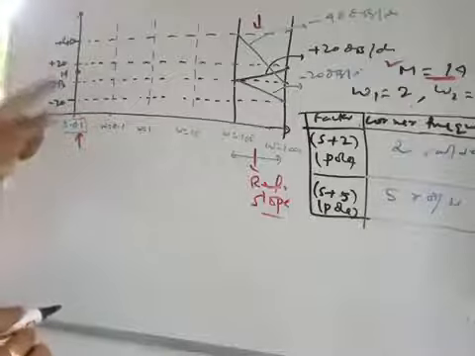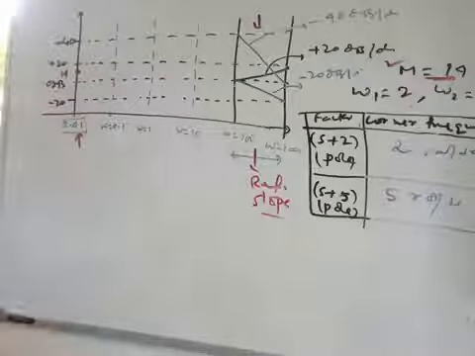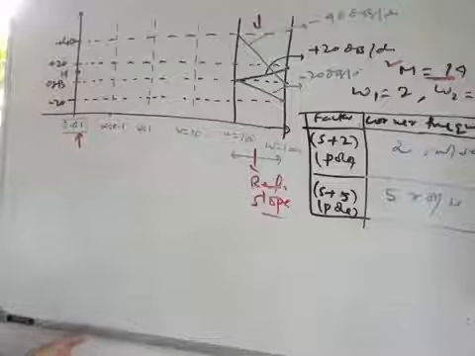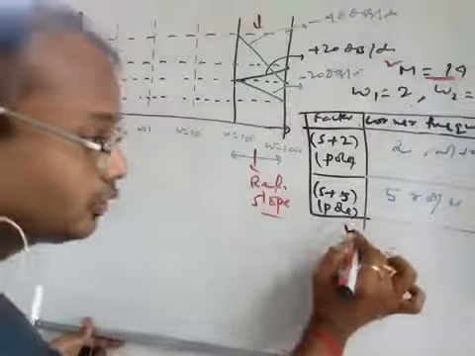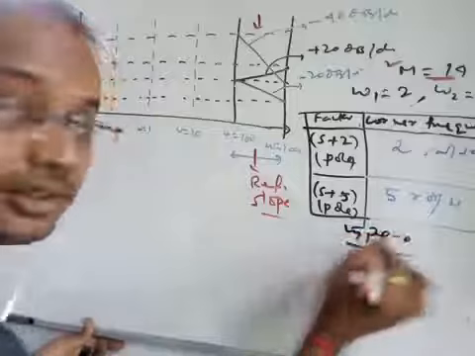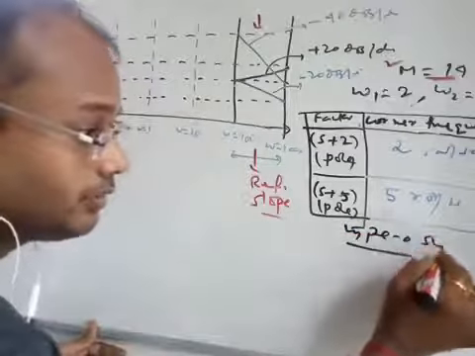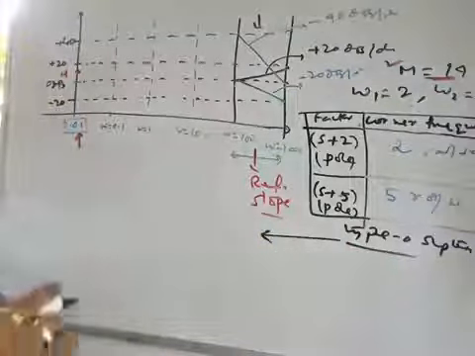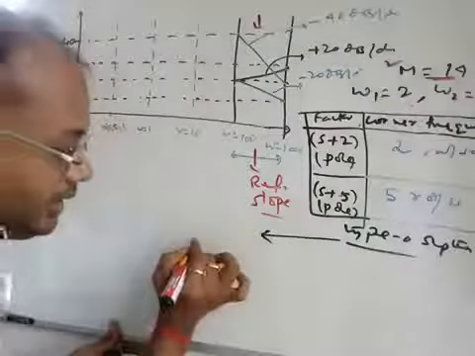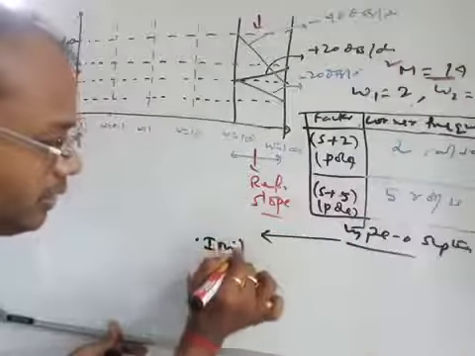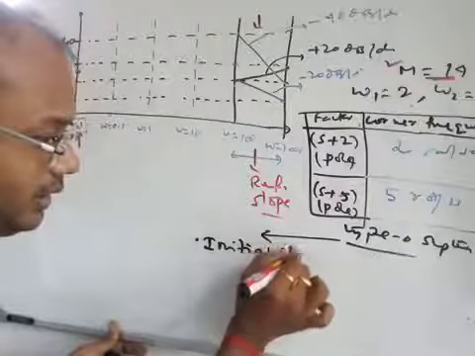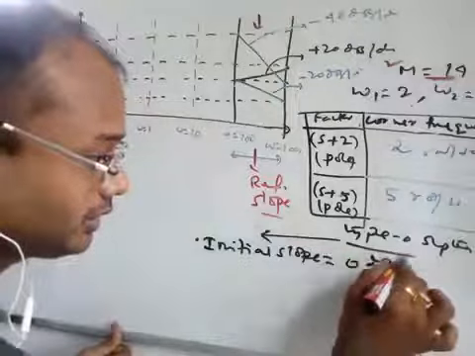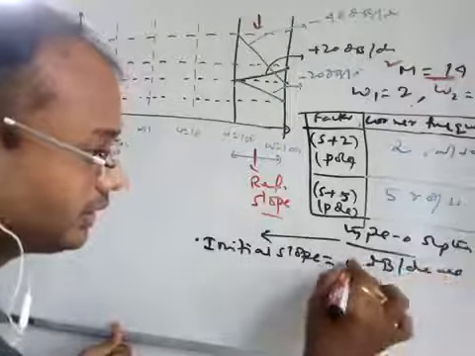Now once you identify the initial magnitude, next we know this is a type 0 system, right? This is a type 0 system, and that is important. Why? Because for a type 0 system the initial slope is equal to 0 dB per decade.